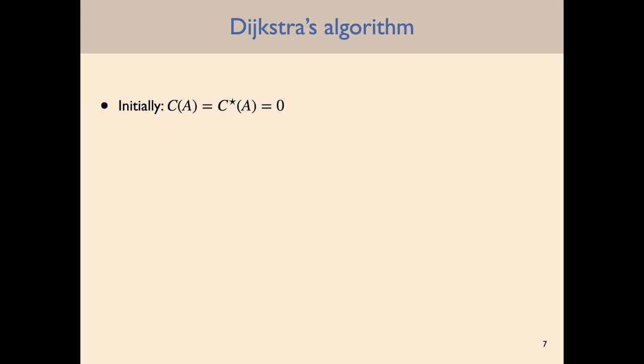For the starting vertex, we know what the optimal cost to come is. It's just 0. To get from A to A, there's no cost that you incur. There's no edge that you need to traverse. So we're just going to initialize C of A, which is the famous C star of A, to be 0. For all other vertices, we're going to say C of x is infinite in our initialization.